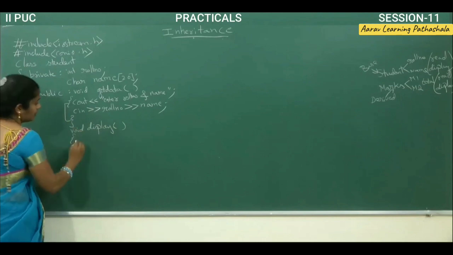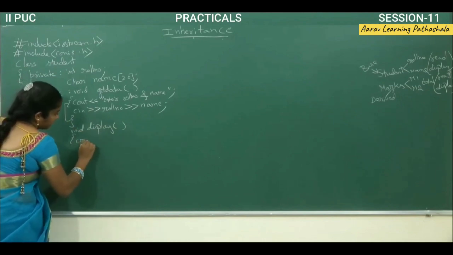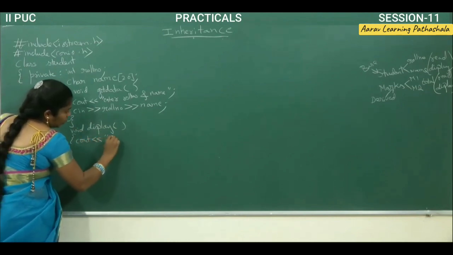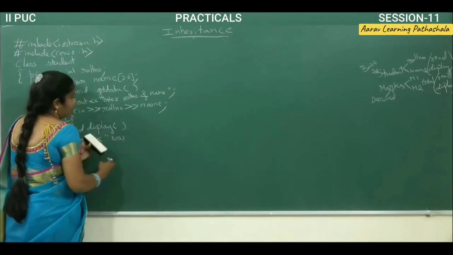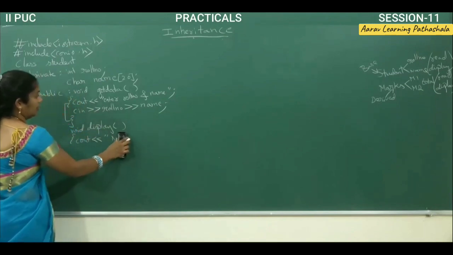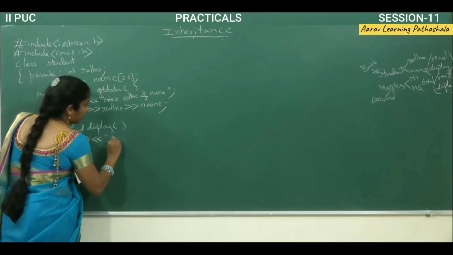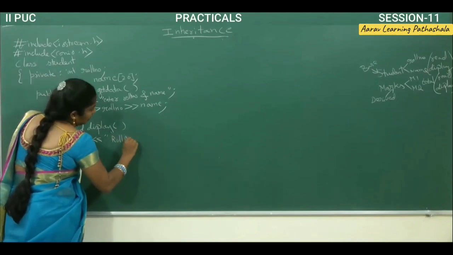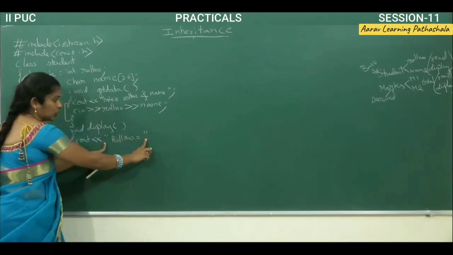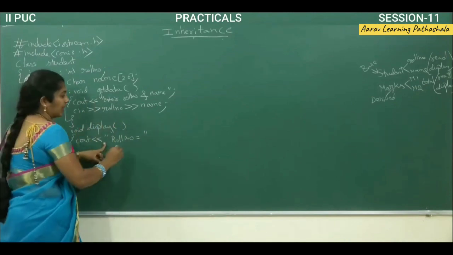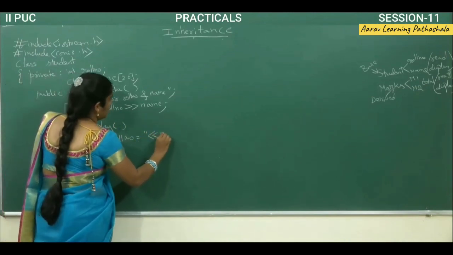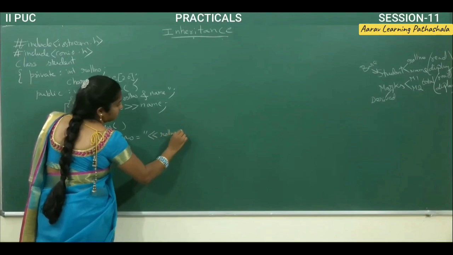Then here cout name equals. First here I took roll number. That's why I am going to take roll number equals. Inside the double quotes, whatever I write will be displayed as it is. Then insertion operator roll number.